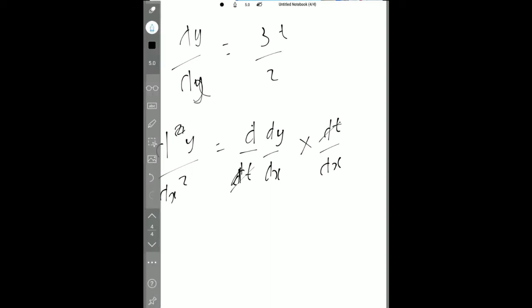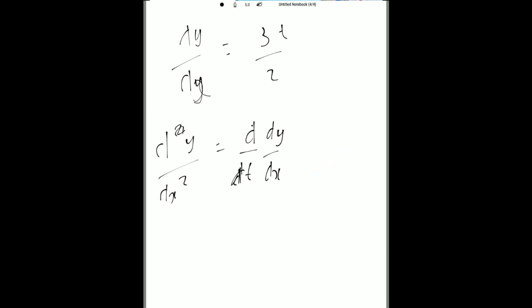But that is not the case. That is merely a way for you to picture in your mind what is really happening. So let's get rid of this foolishness. We're going to be dividing by dx by dt.